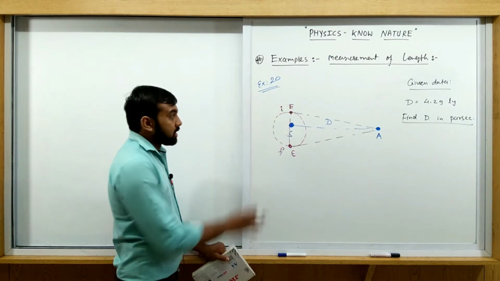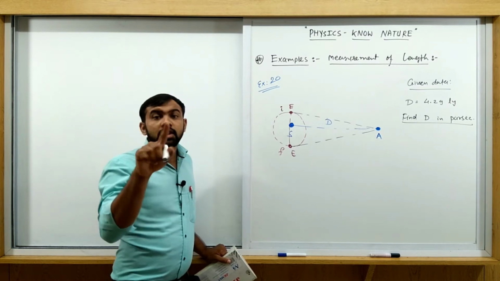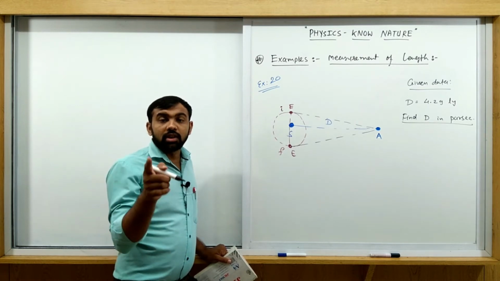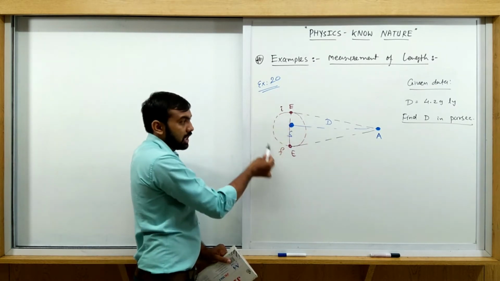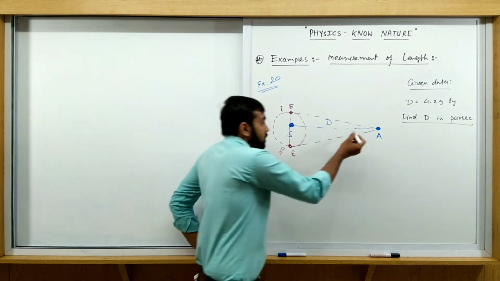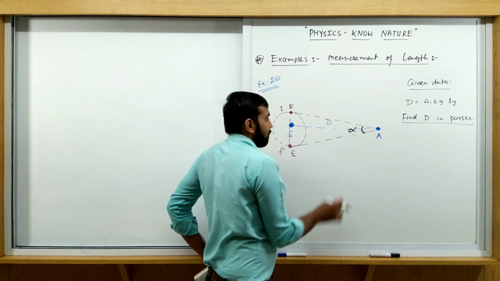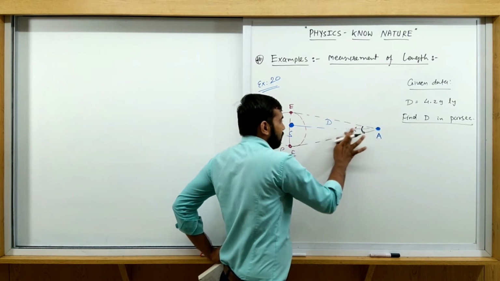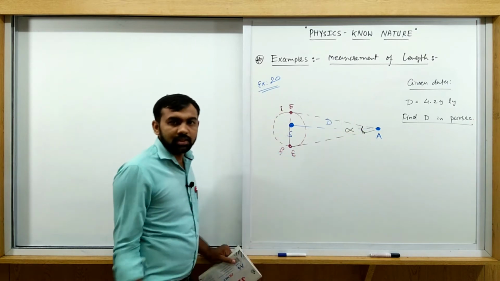In 1 year, Earth completes one revolution around the sun, so in 6 months, Earth completes half revolution around the sun. Half means this one. So here some angle is formed at the sun. This one is known as alpha, or you can say theta, no problem. Let's consider alpha.